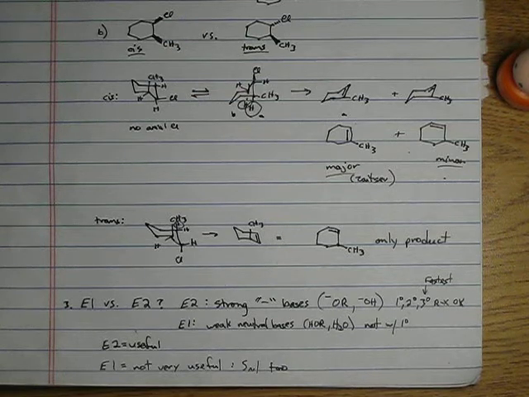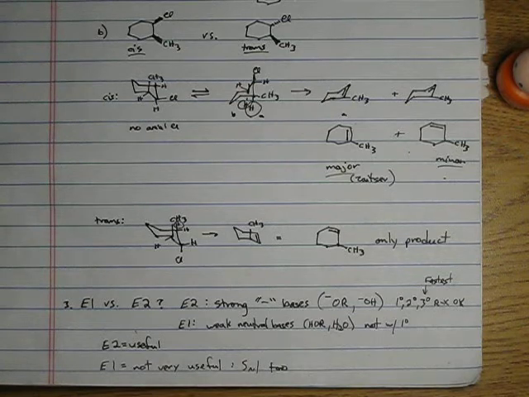But here's the deal. When you run an E2 mechanism or an E1 mechanism, whichever reaction you want to run, if you start with the same starting material, if your tertiary alkyl halide is the same, you're just deciding, well, I'm going to run this reaction, should I put in strong base and run E2 or weak base and run E1, you're going to get the same product.